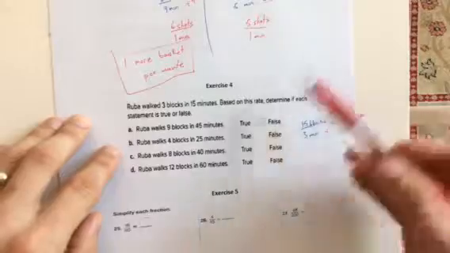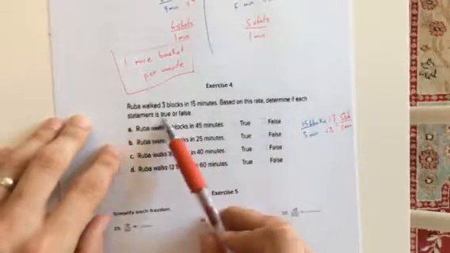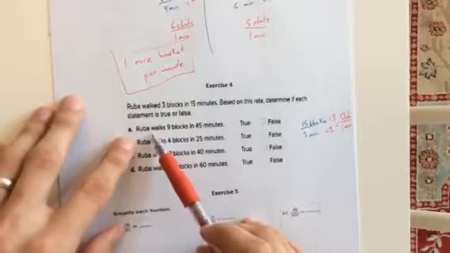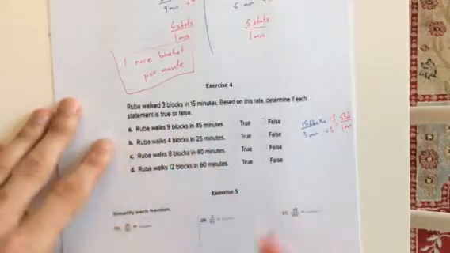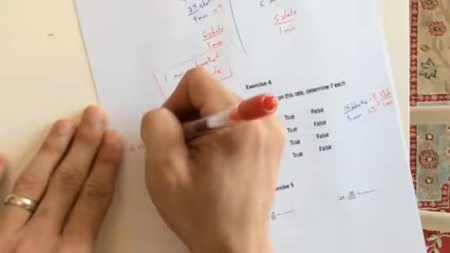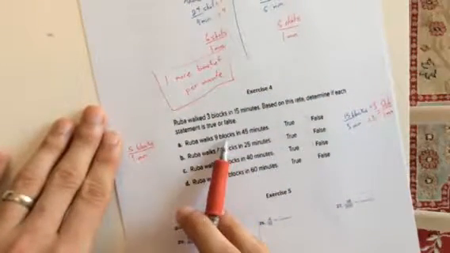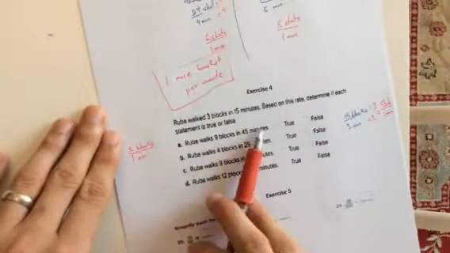Now let's answer these questions. We're supposed to, based on this rate, determine if each statement is true or false. So then can Ruba walk 9 blocks in 45 minutes? Okay, so if she can walk 5 blocks in 1 minute, is it possible for her to walk 9 blocks in 45 minutes?